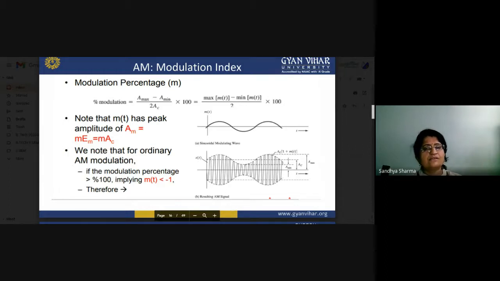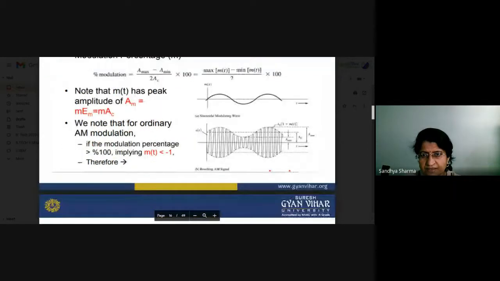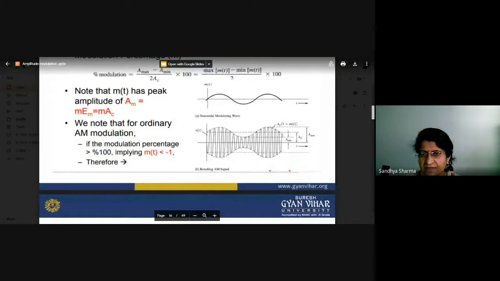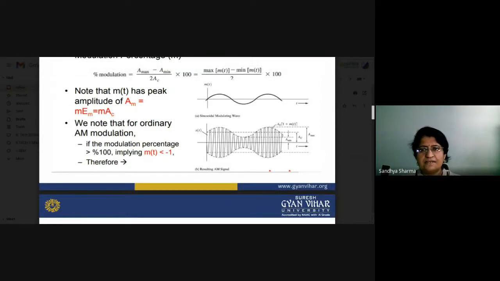Am is equal to m times Em or m times Ac. What about Ac? Ac is the amplitude of our carrier signal. So for a 100% modulation system, m is equal to 1. We can see here the A minimum value, and Ac is the maximum amplitude of our carrier, and A max is the peak value of our modulated signal with respect to the reference.